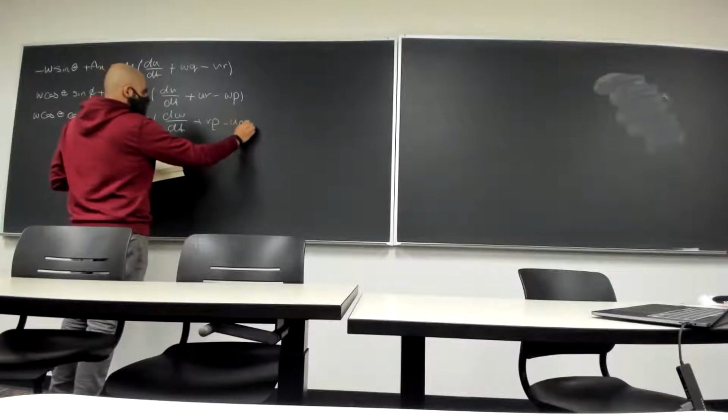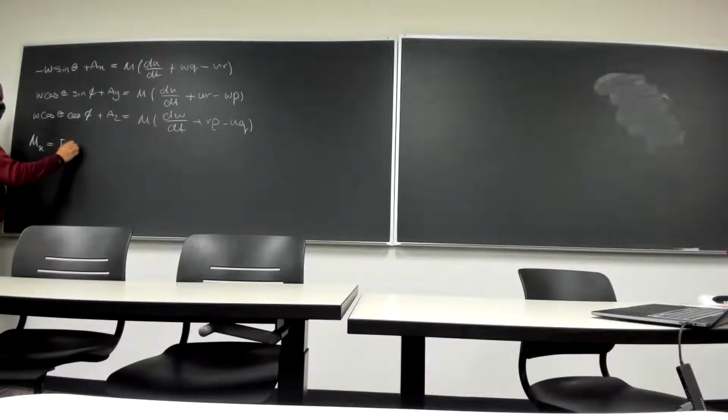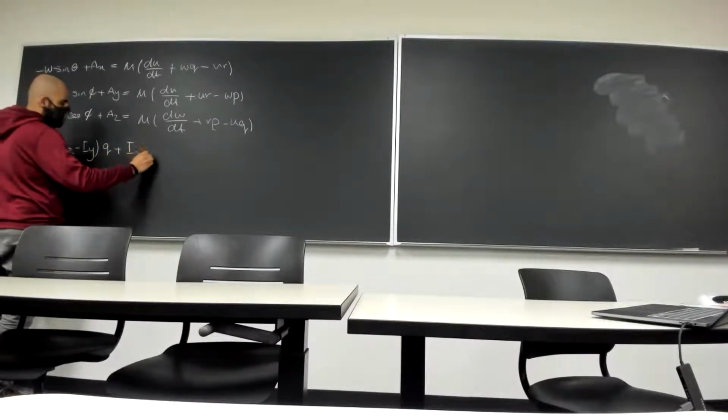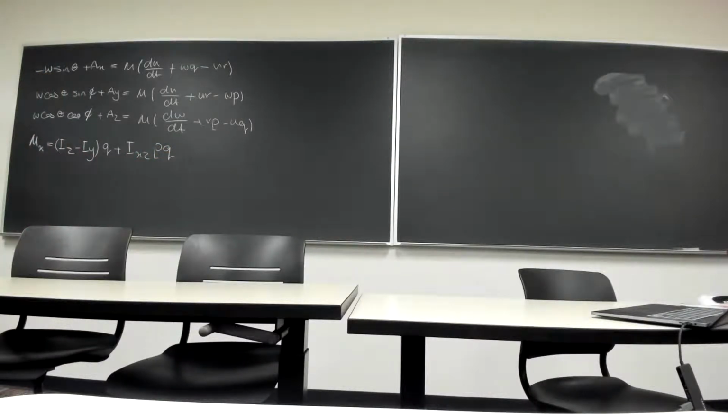Let's actually do this because you all have this in your notes. I want to ask any of you to give me the rest of the equations. The moment equations, right? MX about the CG equals Iz minus Iy times QR plus Ixz PQ. Okay, what else?